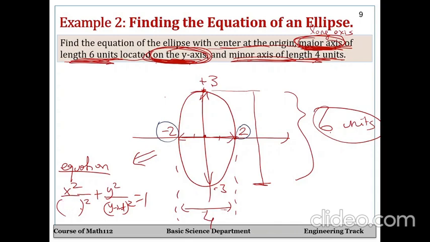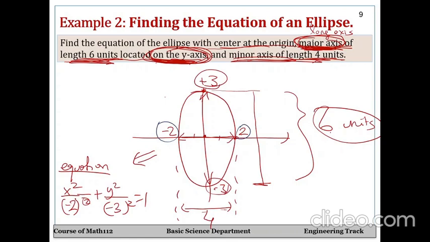So it will be 2 squared or minus 2 squared, because we have squared here, this will not make a problem. And the y-intercept is definitely minus 3 or plus 3. You can take one of them, no problem.